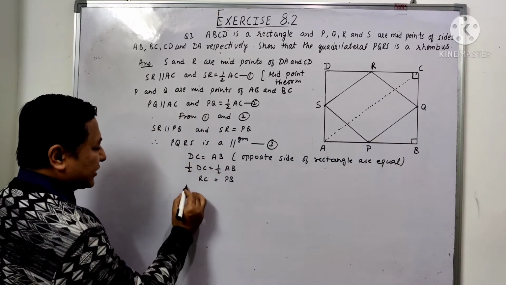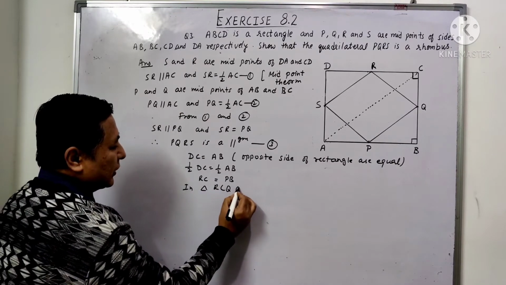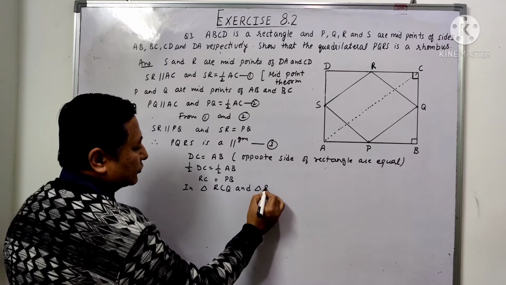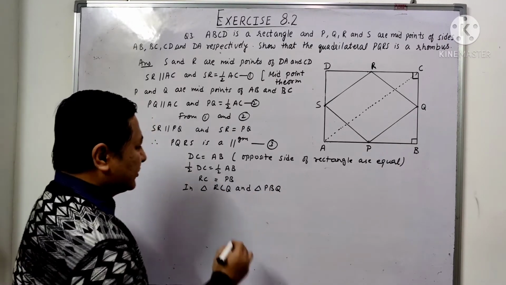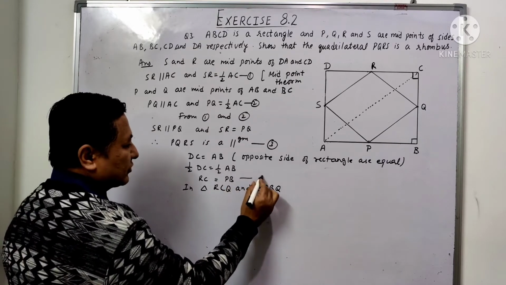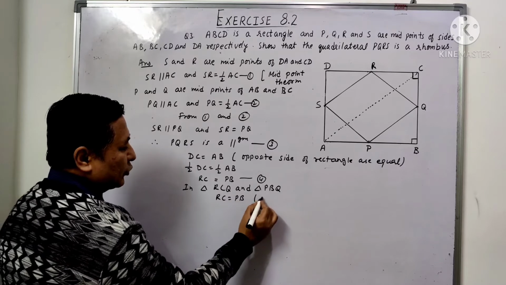Now we'll take the triangles. In triangle RCQ and triangle PBQ, let us prove these two triangles congruent. We have proved, this is equation number 4, RC is equal to PB, proved in 4.